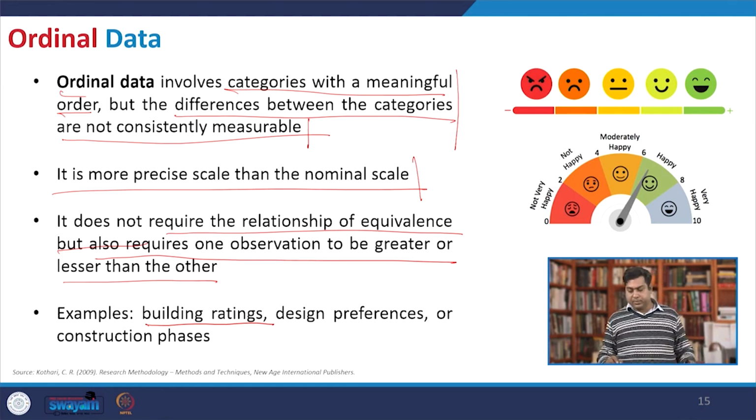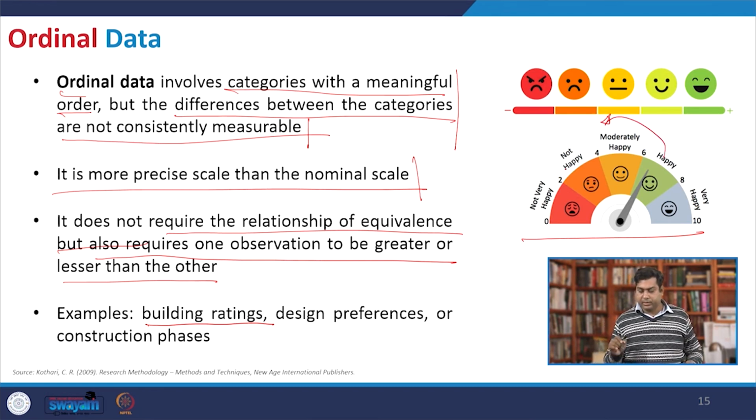Say in this particular happiness meter, we have a scale from 0 to 10. So: not very happy, not happy, moderately happy, happy, very happy. So there is some kind of 0 to 2, 4, 6, 8 and 10. In this case the difference between happy and moderately happy is not equal to the difference between not very happy and not happy, but definitely happy is at a higher level than not very happy.